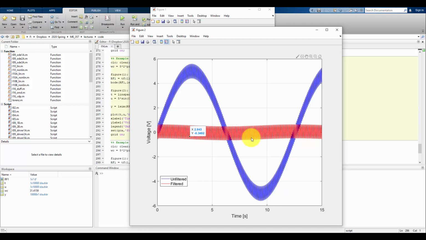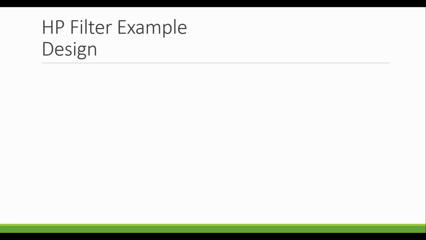So from the simulation, we see that indeed we do have this high pass filter. The low frequency oscillations are really shut down, close to zero but not quite, but the high frequency is more or less preserved. So how do we go about building this passive high pass first order filter?